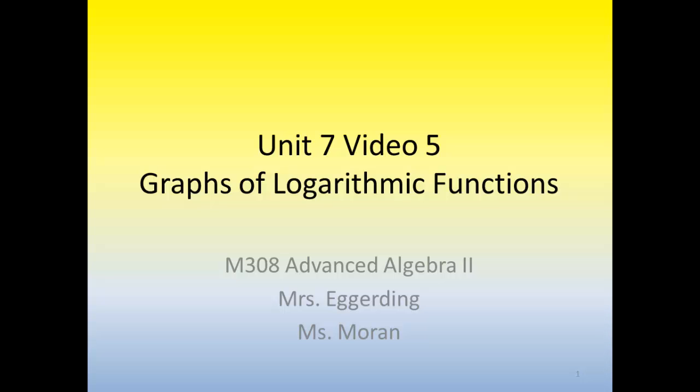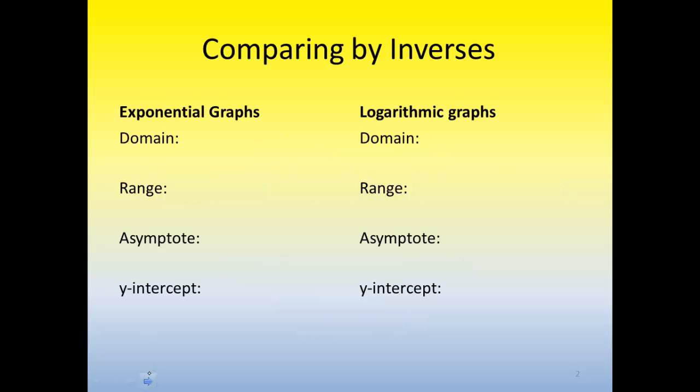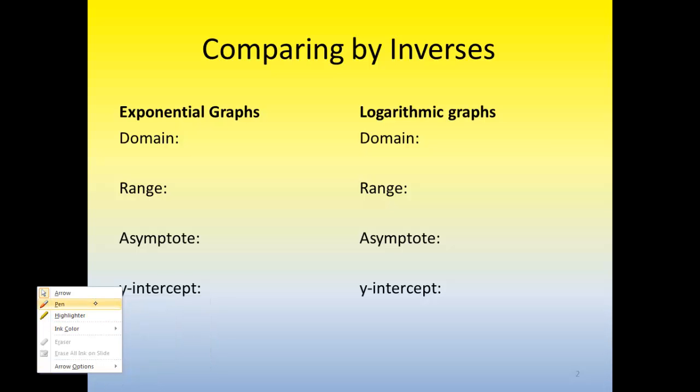Now in class we introduced to you the idea of a logarithmic function and we just want to expand on that in this video. First we're going to compare it by inverses to exponential graphs.